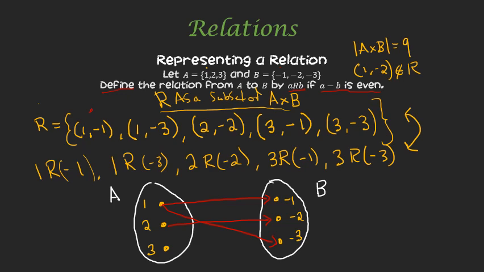And then 3 is related to -1 and -3 as well. So I'll draw those arrows. And here's our relation depicted in a diagram. And so this is sort of a helpful way to just visualize the relation.